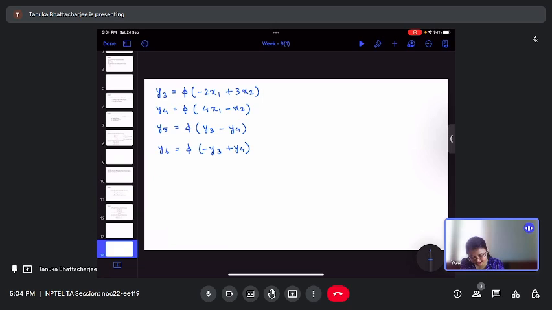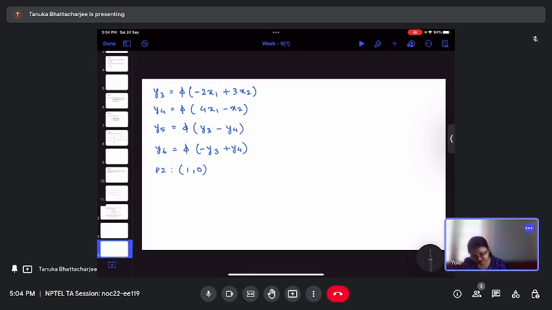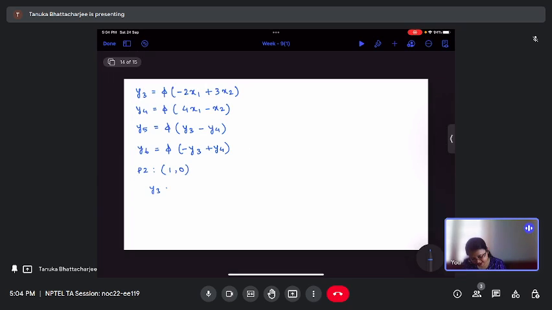Now let us take the second pattern, P2. P2 is 1 0. So x1 is 1 and x2 is 0. If you put that in y3, you will get phi of minus 2, because your x2 is 0. So that will be equal to 0. And your y4 is phi of 4, that will be equal to 1.